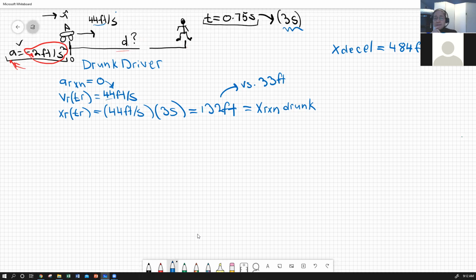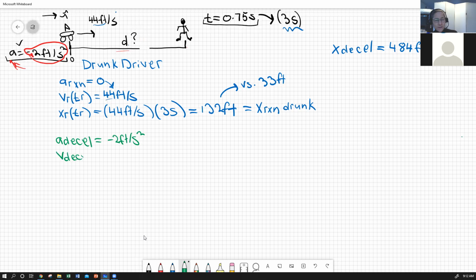Let's prove it. We'll use a different color. Green. So I'm going to say a decel for the drunk, -2 feet per second squared.